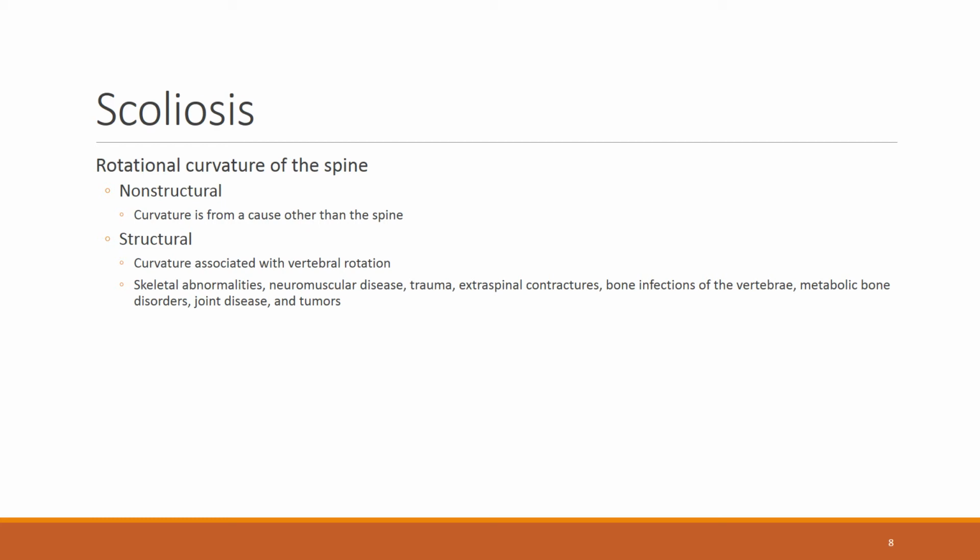Going through this relatively long list, we need to be on guard for the symptoms of scoliosis, because this may represent significant conditions such as metabolic bone disorders and malignancies.